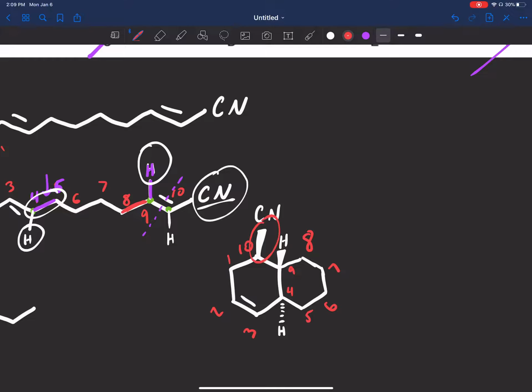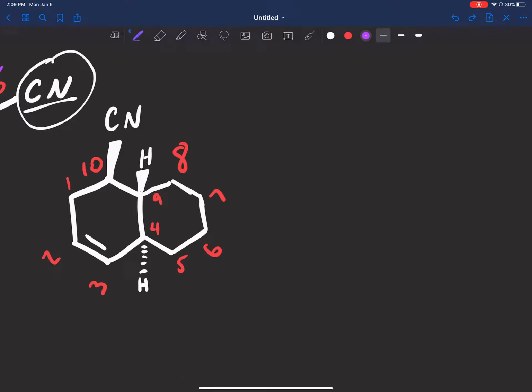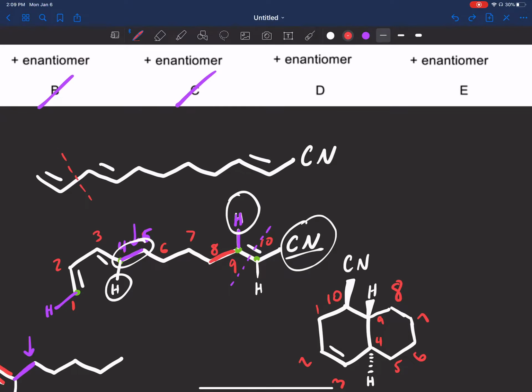So if this is wedged, this would be dashed, that single bond between 8 and 9. All right, but again, we don't like to draw these wedges and dashes on the rings themselves. We like to use the hydrogens to represent that. But just keep in mind, they could easily show it to you with dashes and wedges on the rings, but most of the time, it uses hydrogens.